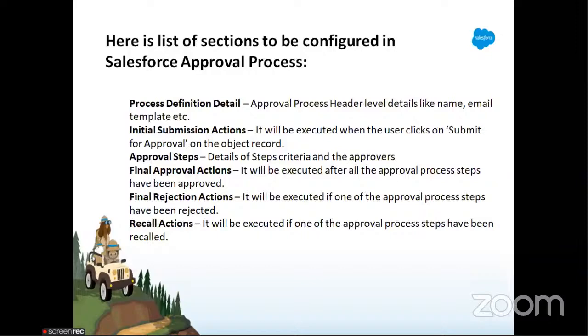If there is a rejection, you get a notification that your application is rejected, and what the cause is. And we can also use recall action. Like if you want to cancel leave, then you can also do that. So these are the actions that you can use in approval process.